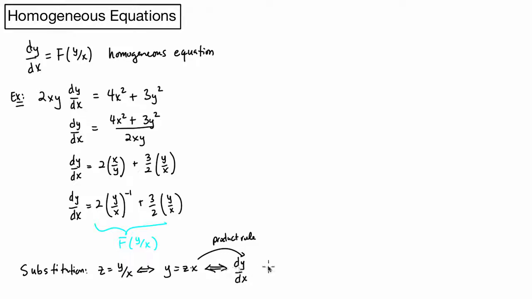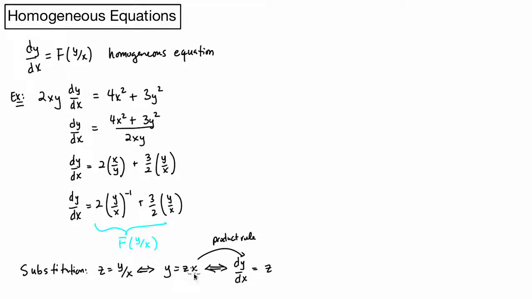But dy/dx would be equal to, in this case, I'll start with the derivative of this with respect to x. If you take the derivative of x first, then you'll wind up with just z, because the derivative of x is 1, you get 1 times z.